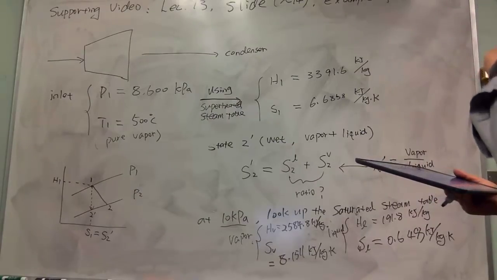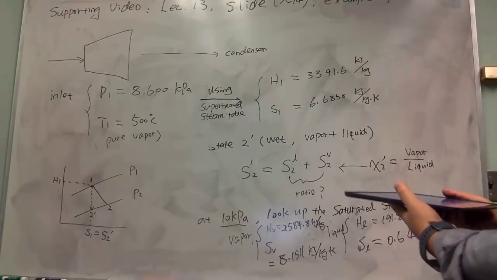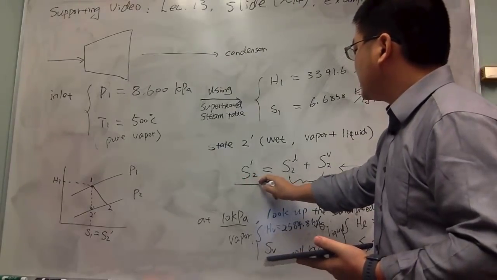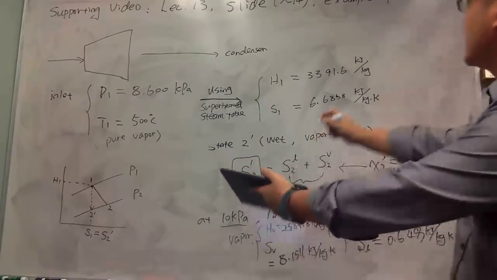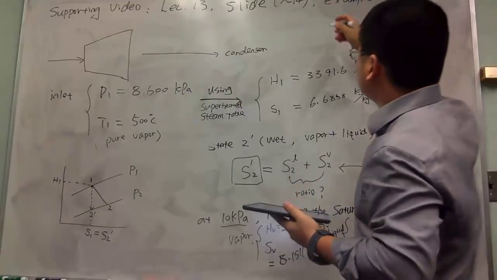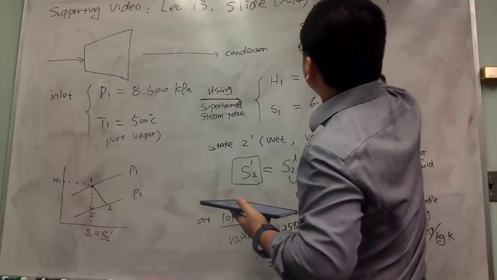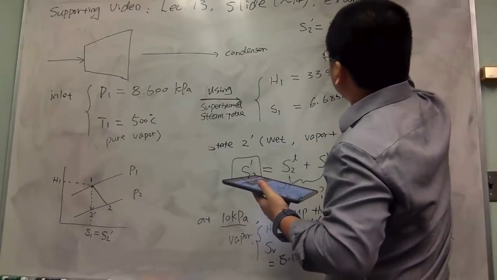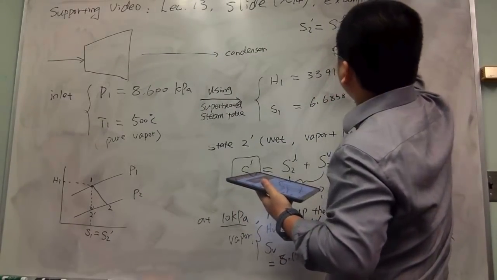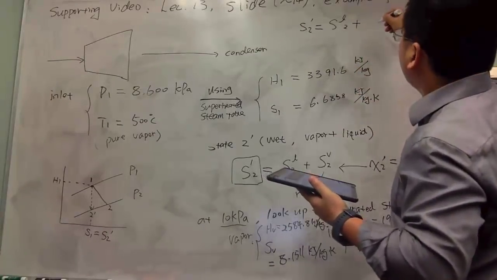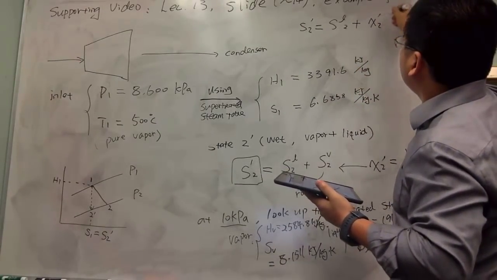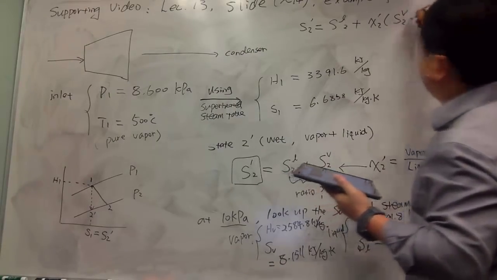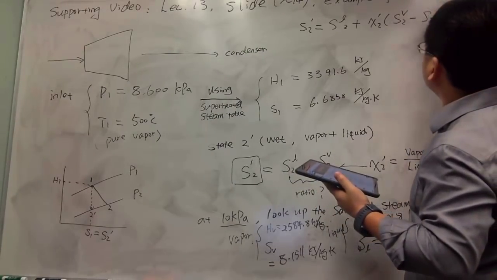So now if I have this x2 as their ratio and I know the total S2 prime, then I can set up that equation, which is S2 prime will be S2L plus X2 prime times S2 vapor minus S2L.